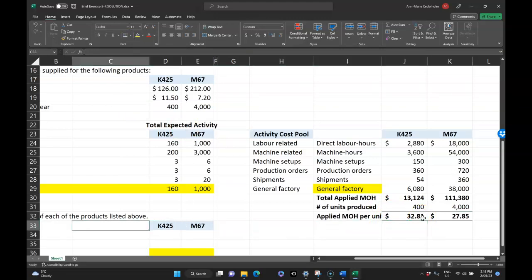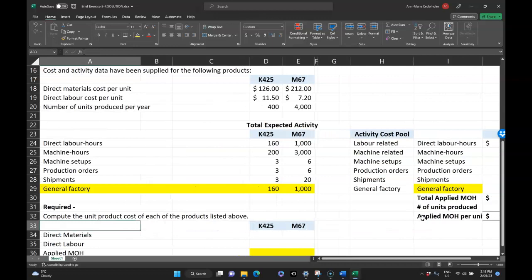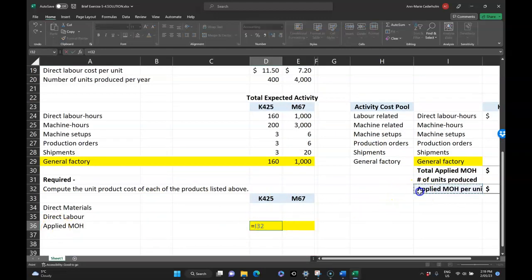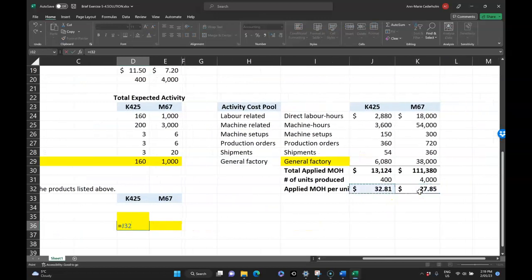In this question, they didn't tell me what the actual was, so I can't figure out if I'm over or under applied, but this part of the question is more interested in what cost you used for this product. So I calculated the applied manufacturing overhead, so I'll grab those two numbers, the 3281 and the 2785.